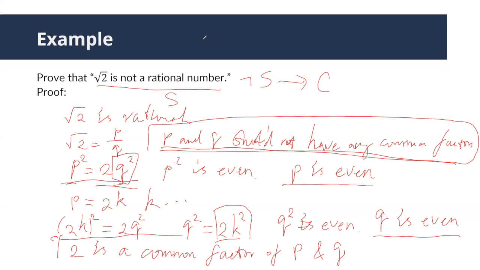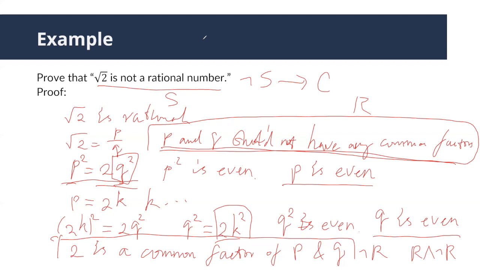But now we prove that they do have a common factor. Therefore, these two are negations of each other. And since you proved both of them are true, let's say this is R, this would be not R. So you proved R and not R is true. That is a contradiction.